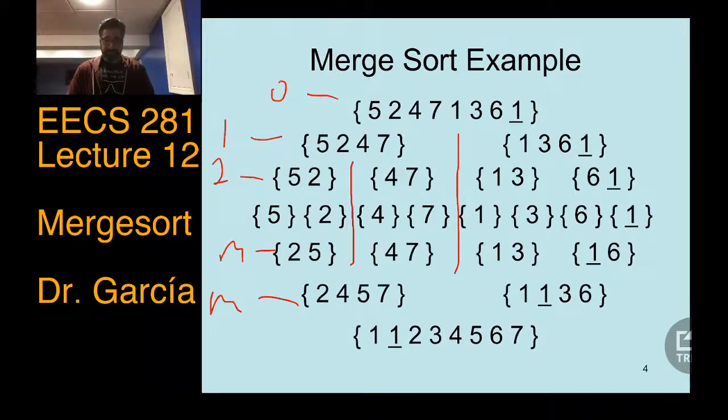All right, so we've kind of discussed pseudocode and an example of how it works. Not a terribly complicated algorithm. You could say that quicksort is a tad more complicated than Mergesort.